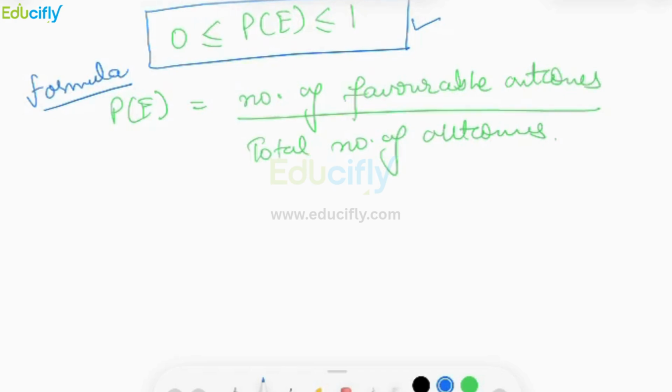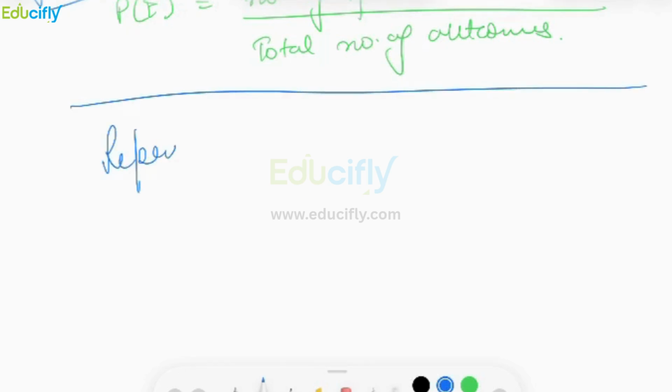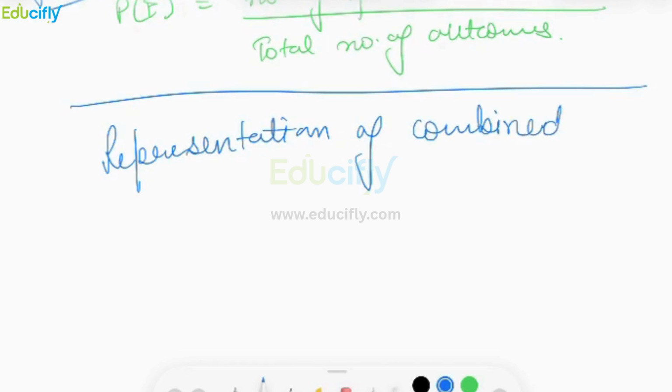Now let's see how we can represent our events. So the topic is representation of combined events. What are combined events?